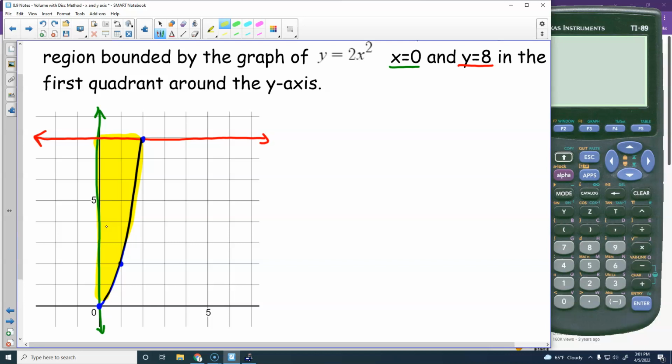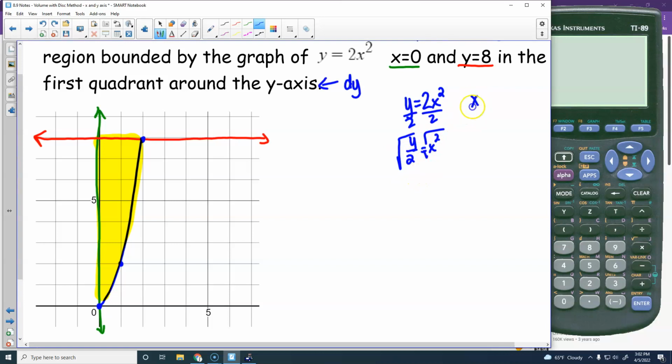So this time we're revolving around the y-axis. So when I see that I'm revolving around the y-axis, that tells me that I'm solving this in terms of y, which means this equation right here needs to be solved for x. So we could divide by 2. Y over 2 would equal x squared. We would square root both sides.